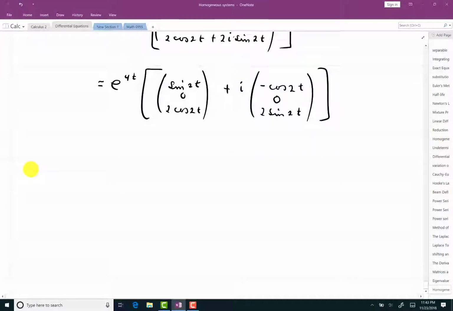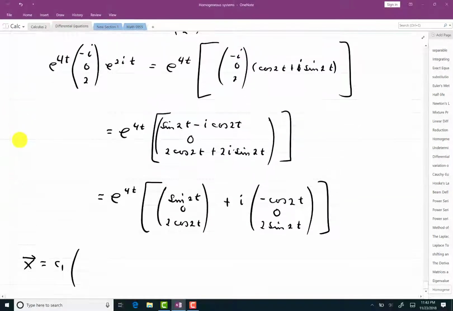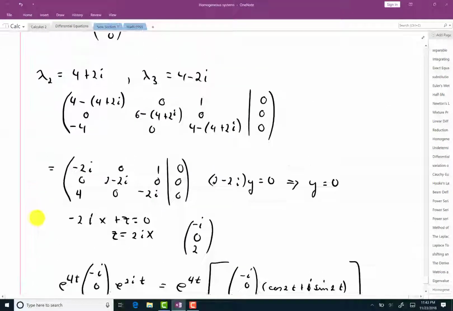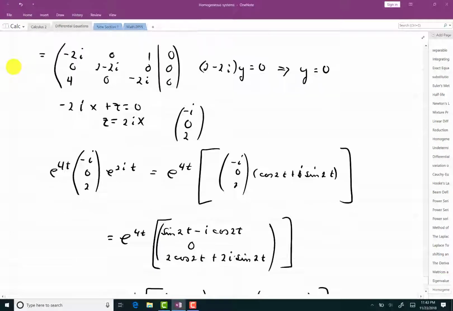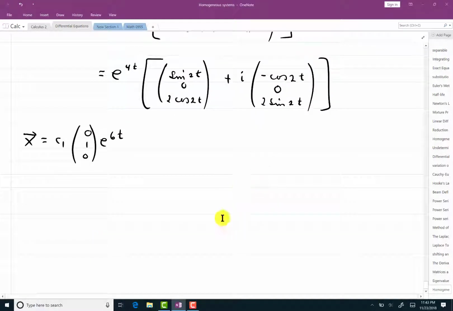And now I have all my solutions. Remember the first one, the one that was attached to the eigenvalue 6, was 0, 1, 0 times e to the 6t. And now these here give me my second two solutions. So I can have my e to the 4t out front should I desire.